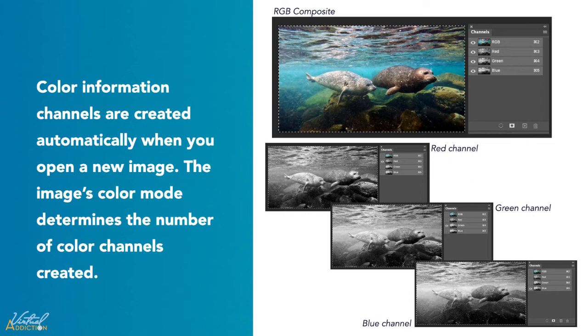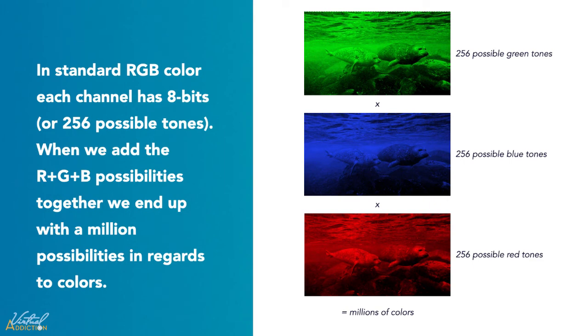The color information channels are created automatically when you open a new image. The image's color mode determines the number of color channels. In standard RGB color, each channel has 8 bits, or 256 possible tones. When we add the RGB possibilities together, we end up with millions of possibilities in regards to the actual color.